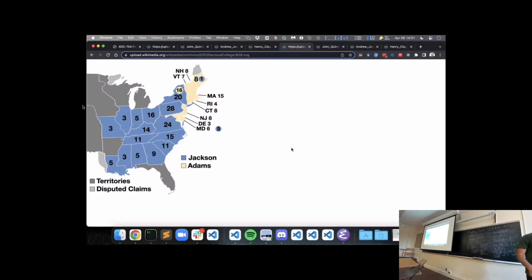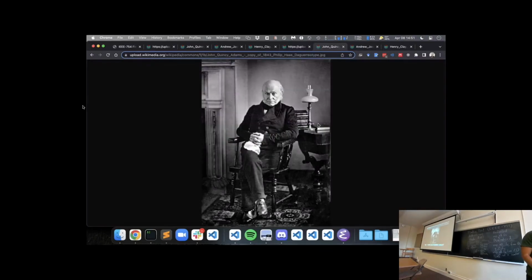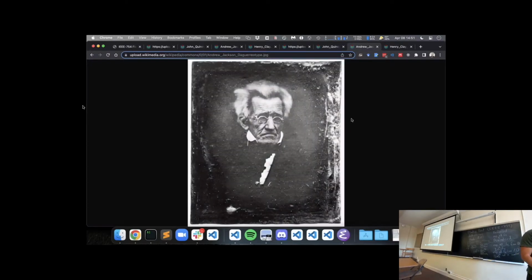Something else that you may have picked up on these maps is, why does Virginia have this weird shape? Don't worry, we will get there. And just because it's fun, I thought I'd throw in a couple decades later when photographs became feasible. This is John Quincy Adams, Andrew Jackson, who was one of our presidents with the most medical issues.